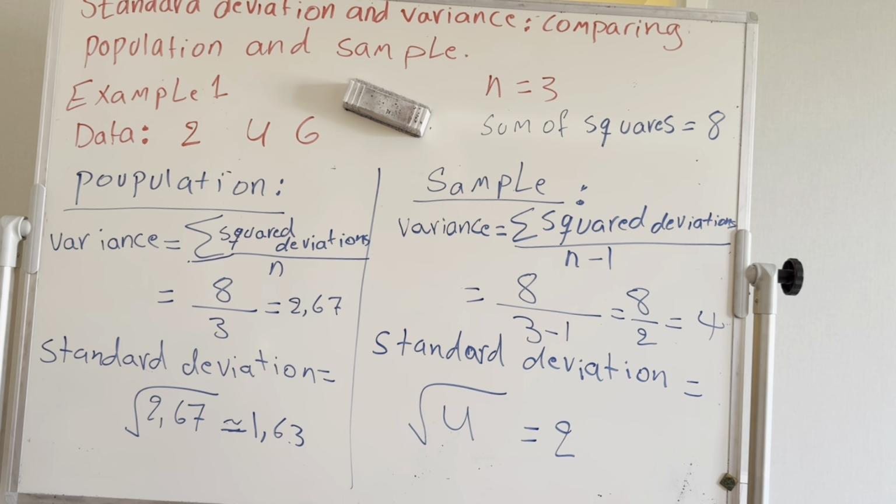Note, the sample version gives a higher result because we divide by n minus 1 instead of n.